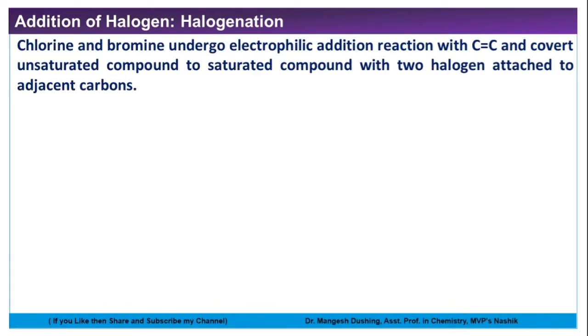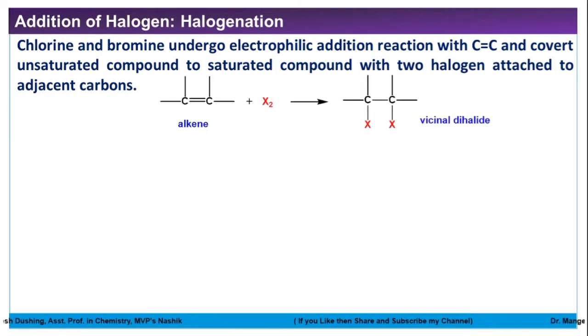Friends, chlorine and bromine undergo electrophilic addition reactions with the carbon-carbon double bond and convert the unsaturated compound to a saturated compound with two halogens attached to adjacent carbons. For example, this is an alkene and this is our halogen, that is chlorine or bromine.